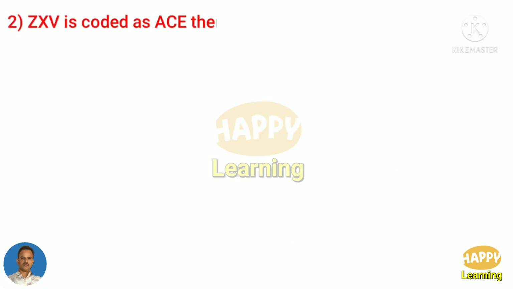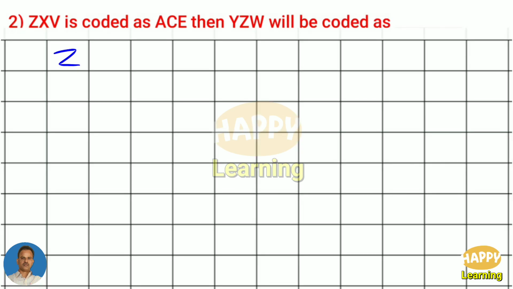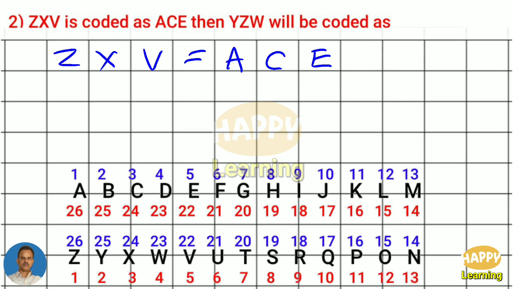ZXV is coded as ACE. Z is the last letter and A is the first letter. If you give reverse coding, Z is coded as A. This is called anti-coding.